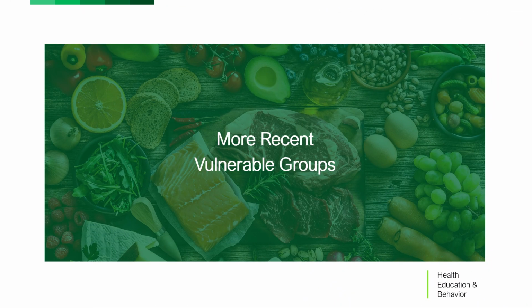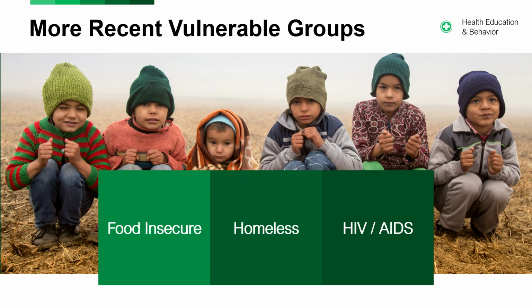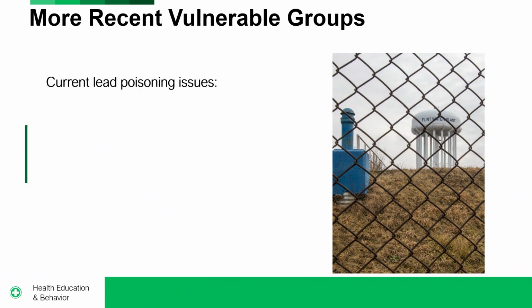More recent vulnerable groups. The more recent groups involve those that are food insecure, homeless, and those with HIV. Additionally, the current lead poisoning issue is very big.